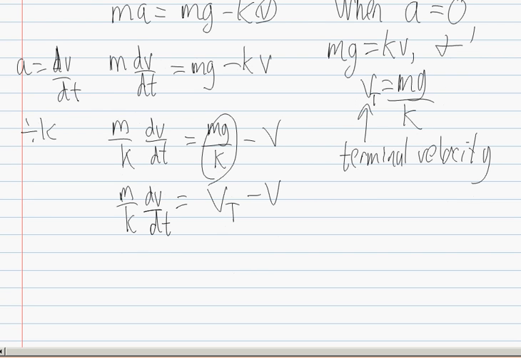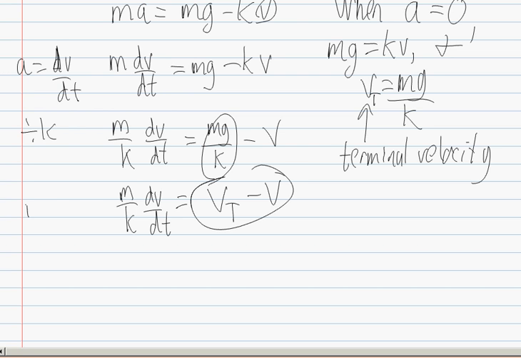Now we're going to do something that you're normally not allowed to do. We're going to say, all right, I want to move all of these v terms to the bottom and move the k terms to the other side. First, I want to reverse these, so I'm going to multiply both sides by -1.